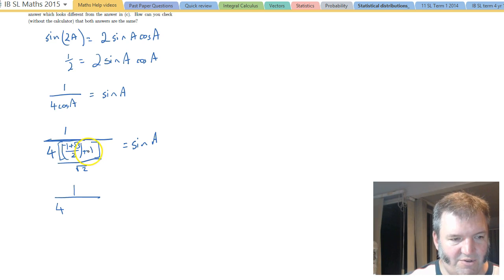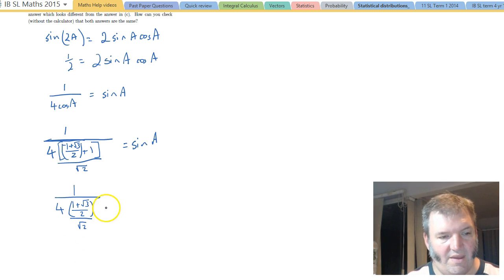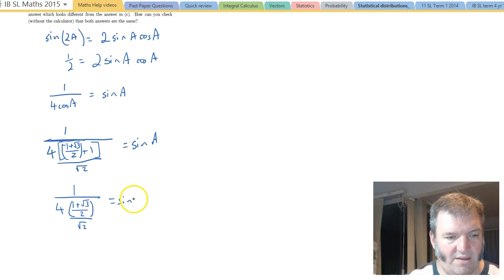This 1 is the same as 2 over 2, so it's actually going to be (-1 plus root 3 plus 2) all over 2. So that's going to make it (1 plus root 3) over 2 instead of (-1 plus root 3) over 2. We're still dividing by root 2 at this stage. Okay, now this is sine A. Okay, very good. Let's keep going up here.